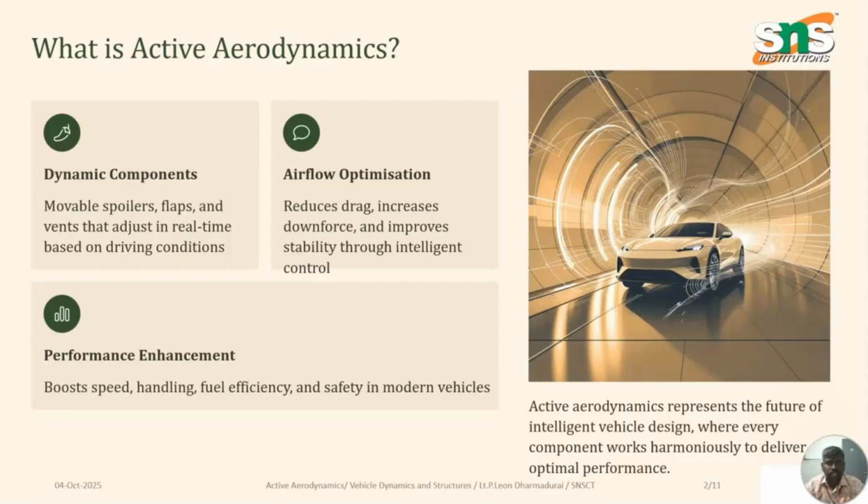They shift their position automatically in order to have good aerodynamics. So that is active aerodynamics. Here the dynamic components include movable spoilers, flaps and vents, which can be moved according to real-time conditions. So it improves performance, and airflow optimization can also be done.